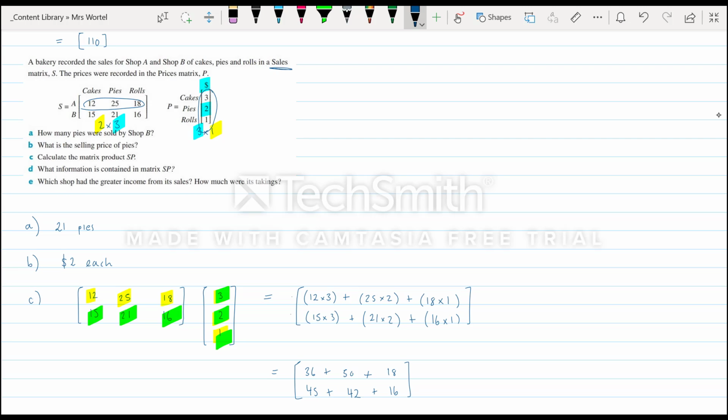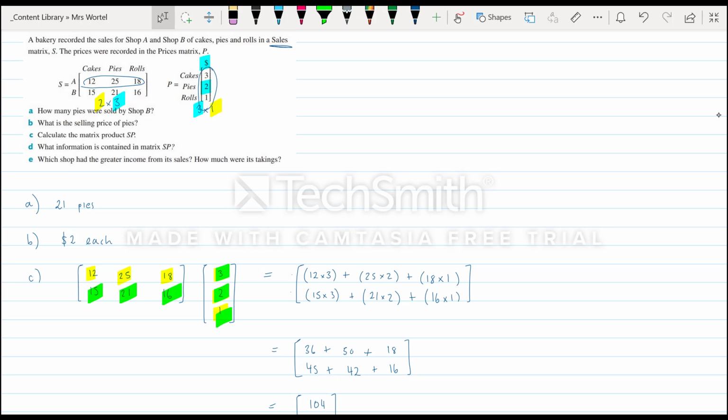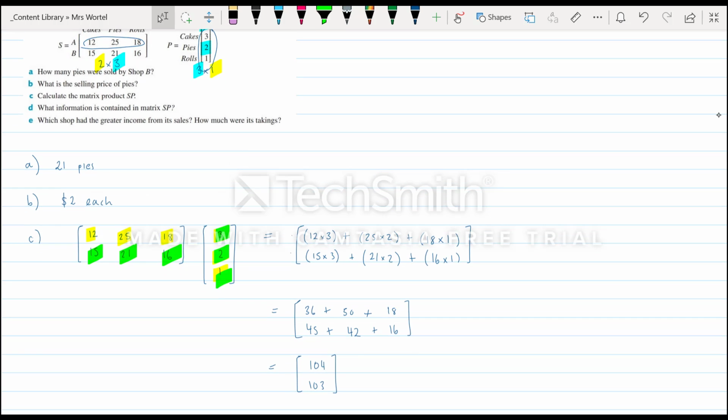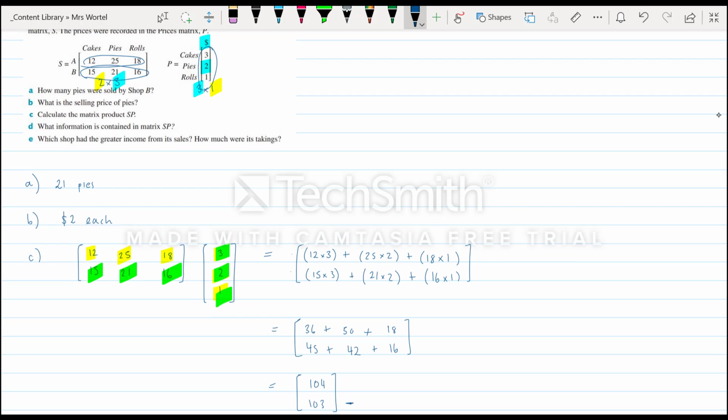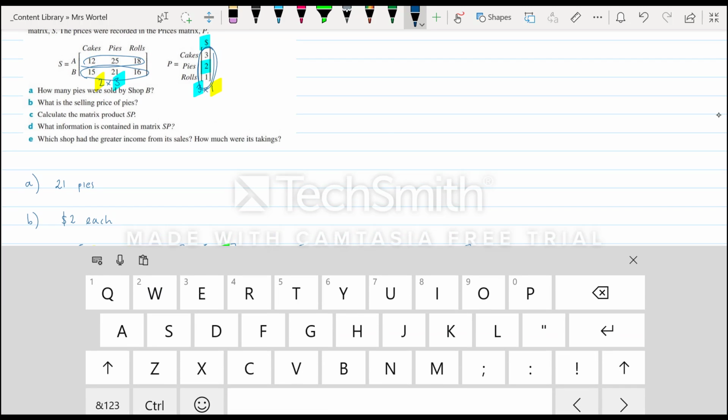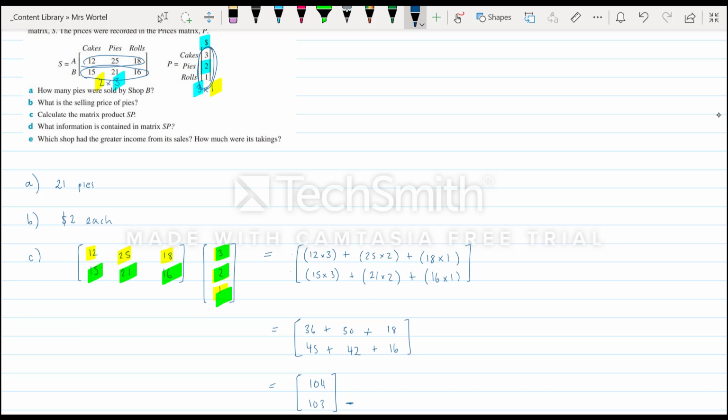So that should have given me the total amount of money made by shop A. And then in the second row, we worked that out by multiplying individually the number of items sold by shop B and the cost of those items individually.